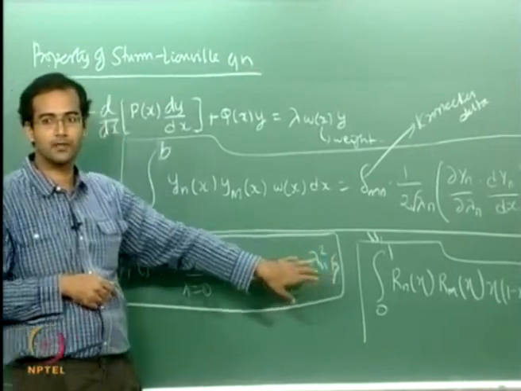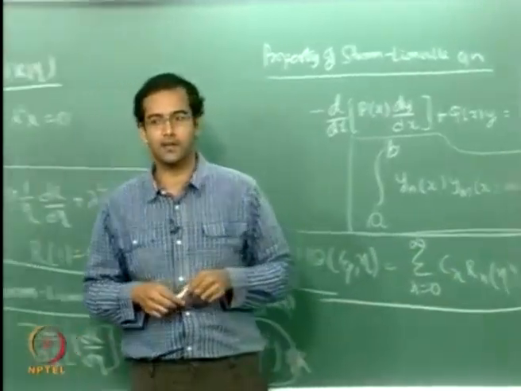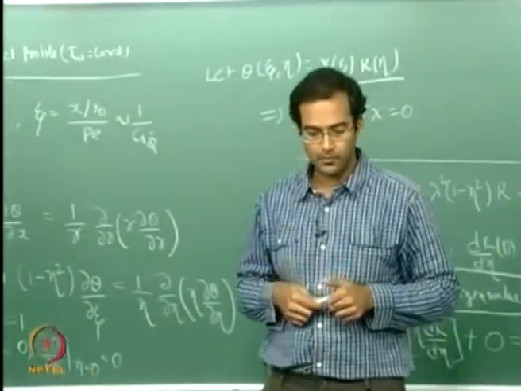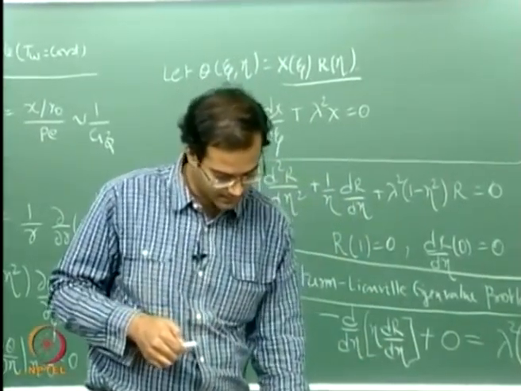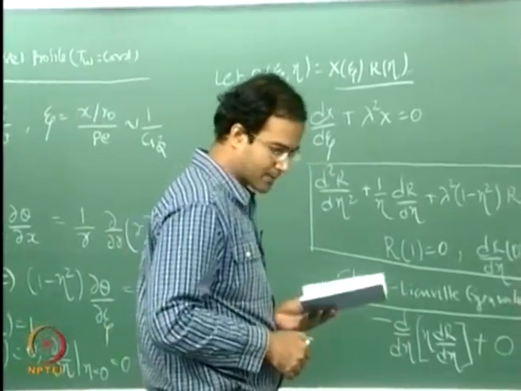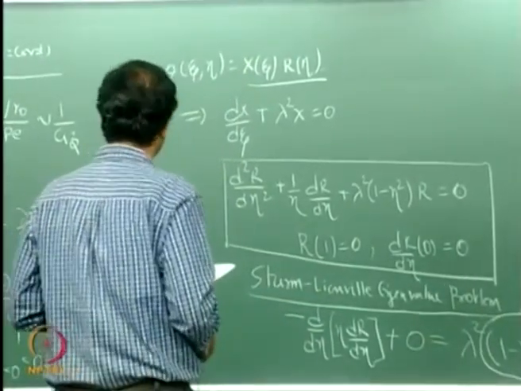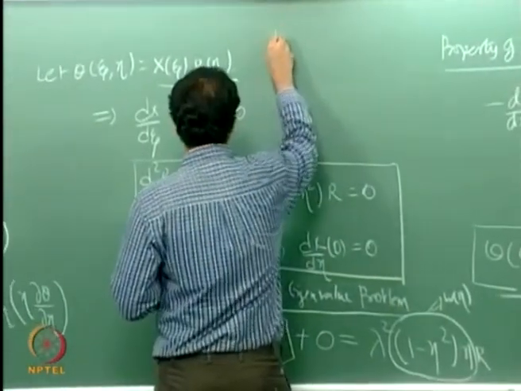So this is your final solution for theta. Having determined your eigenfunctions and eigenvalues, you can plug into this expression and find the variation of the temperature. I will give you a representation of how the eigenfunctions look if you solve for them, and if you plot the first three eigenfunctions.